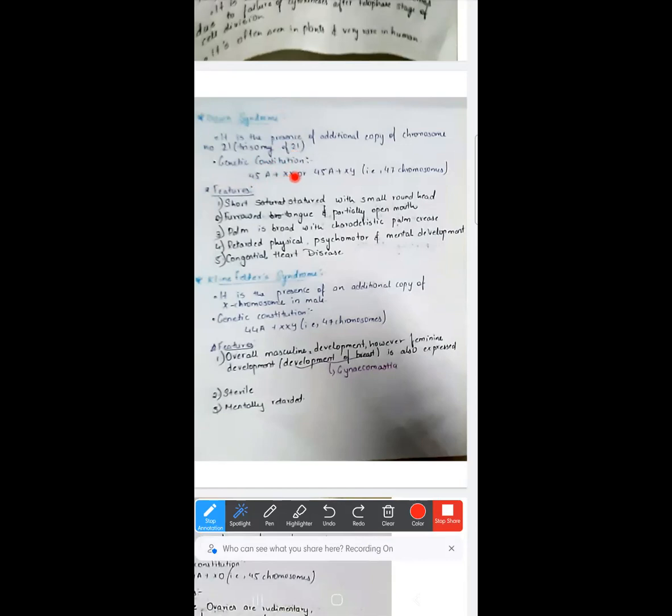Genetic constitution is 44 autosomes plus XX or 44 autosomes plus XY, that is 47 chromosomes.